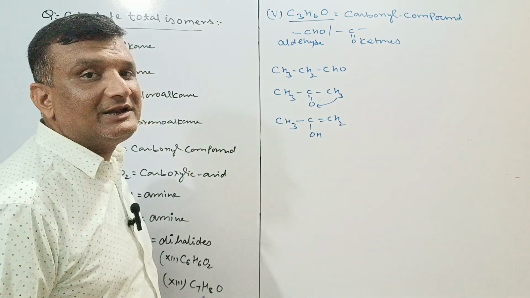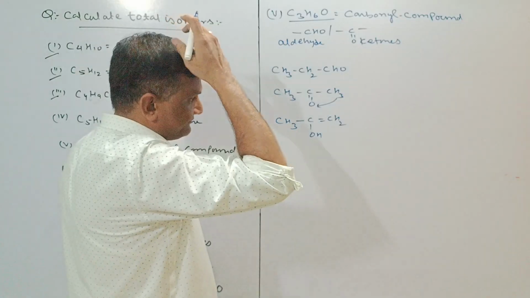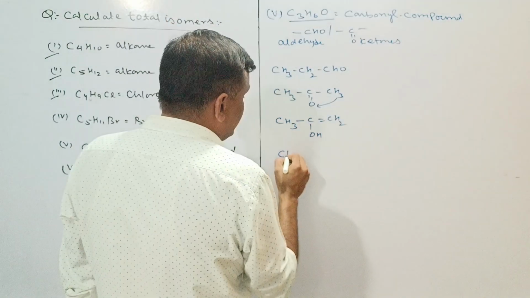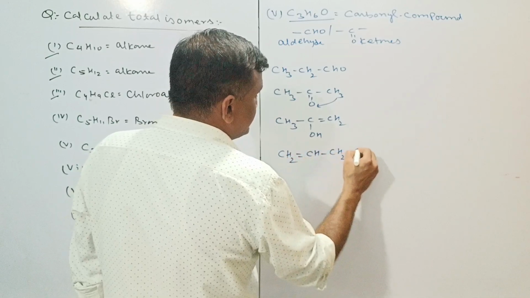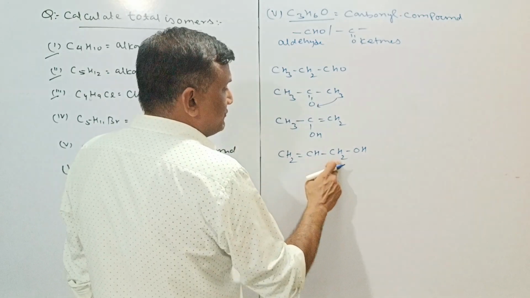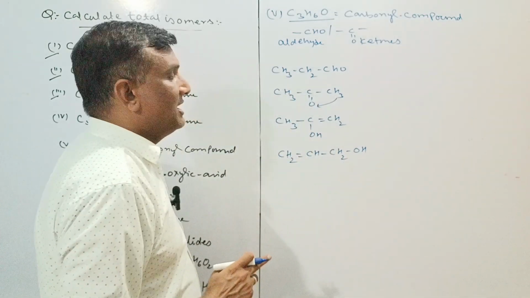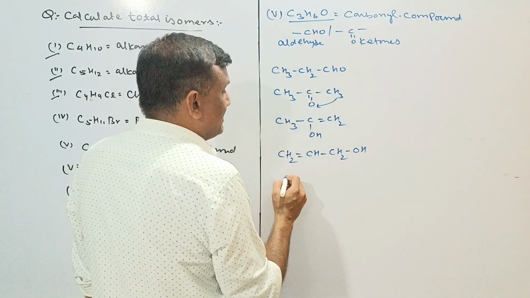If we go further, then we can take the example of an unsaturated alcohol, CH2=CH, CH2OH, 1, 2, 3 carbons, 6 hydrogens, and one oxygen. Further, we can take another example.